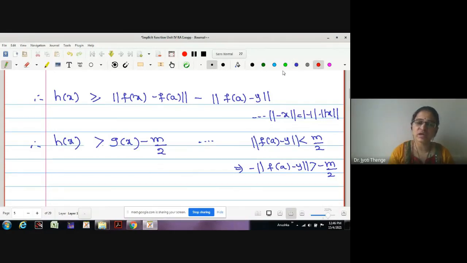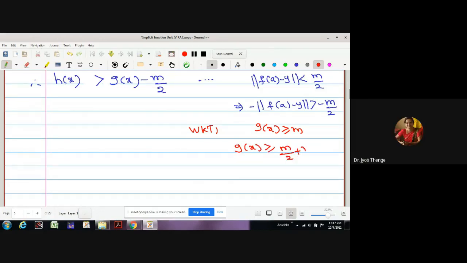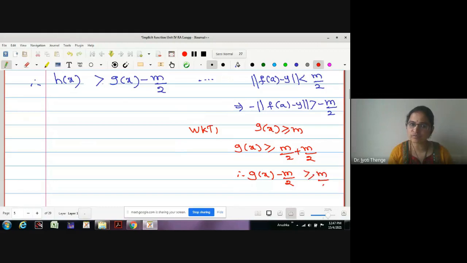Now, how can I make a conclusion about this? What is known to us? G of x is greater or equal to m because m is its minimum value. Therefore, may I write g of x is greater or equal to m by 2 plus m by 2, which in turn can be written as g of x minus m by 2 is greater or equal to m by 2.